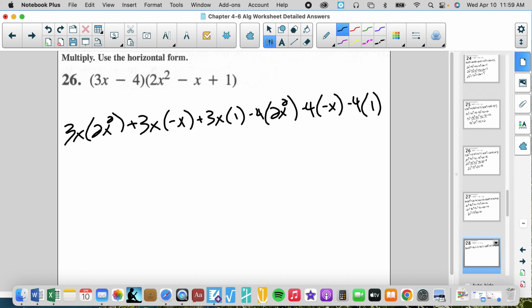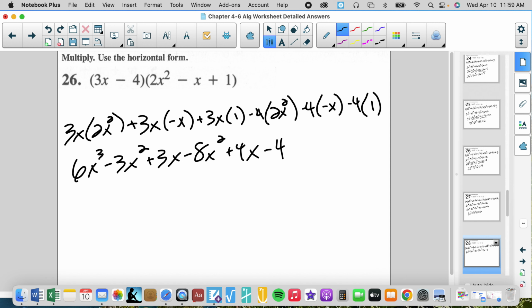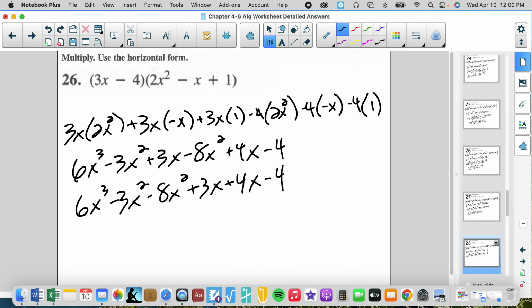So make sure that you are still writing accurate work, because wrong work is sort of a waste of all your energy. So make sure that you go at a pace where you are accurate and efficient. 6x to the third minus 11x squared plus 7x minus 4.